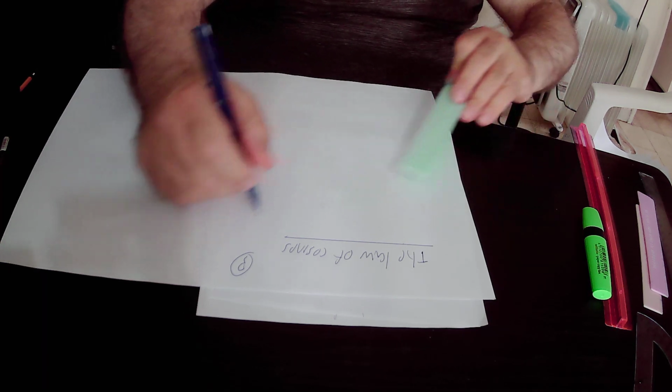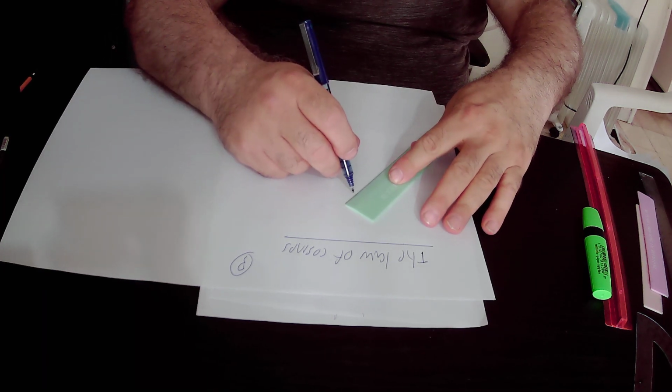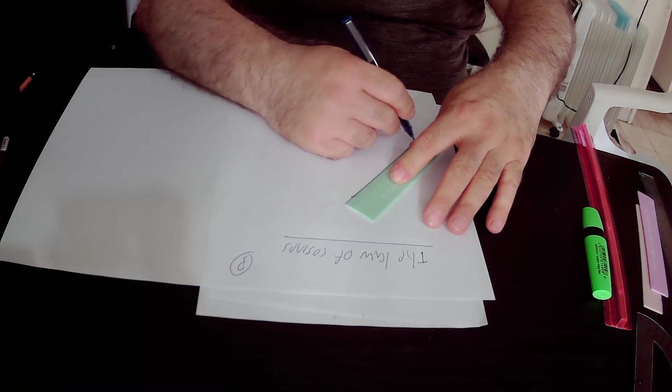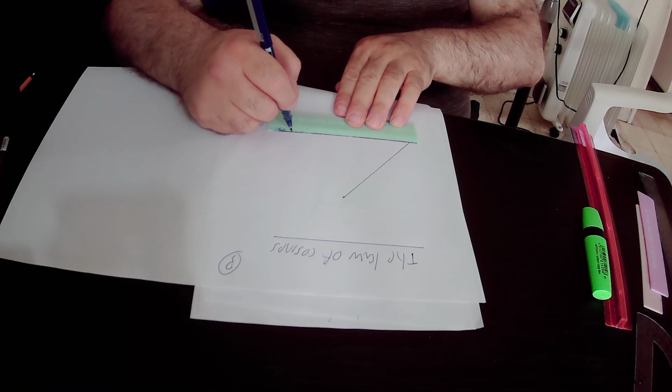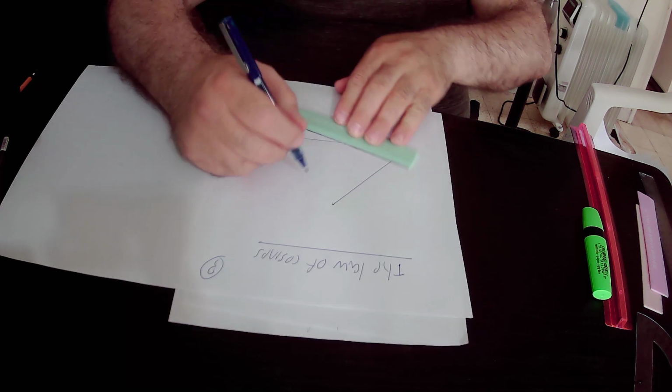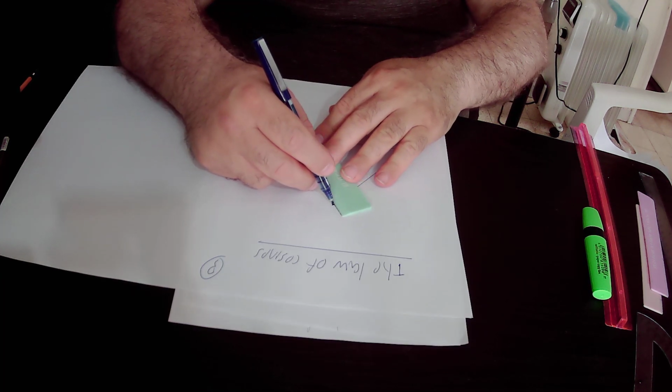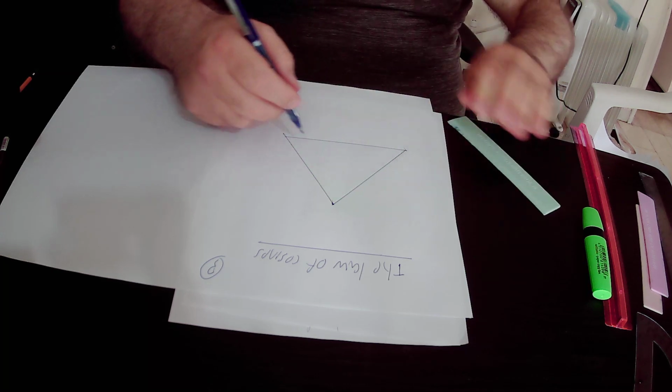So actually, if we have triangle ABC, that could be any triangle. This is triangle ABC.